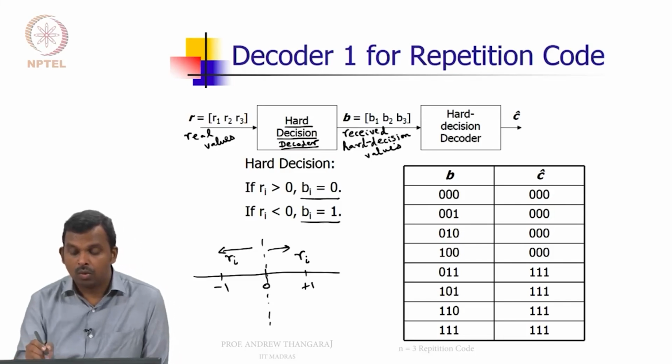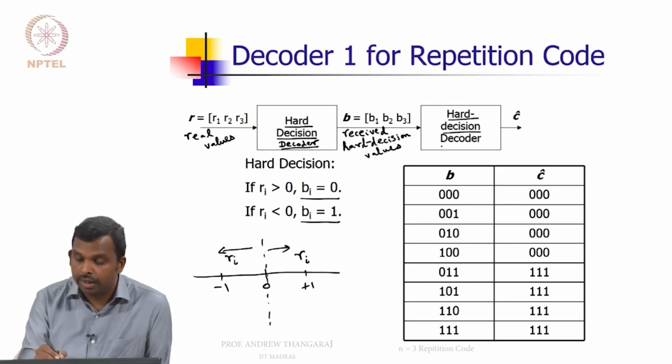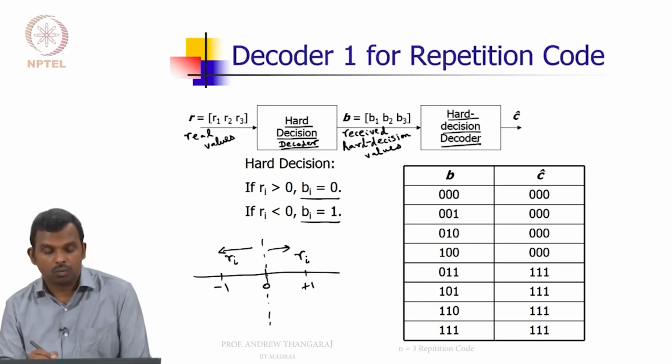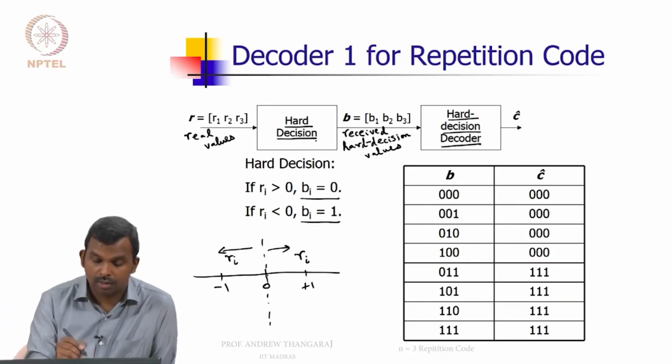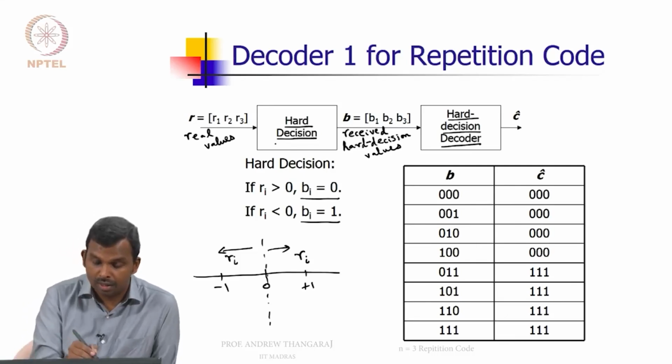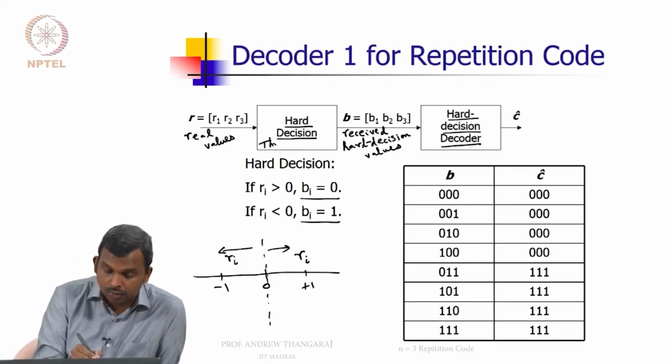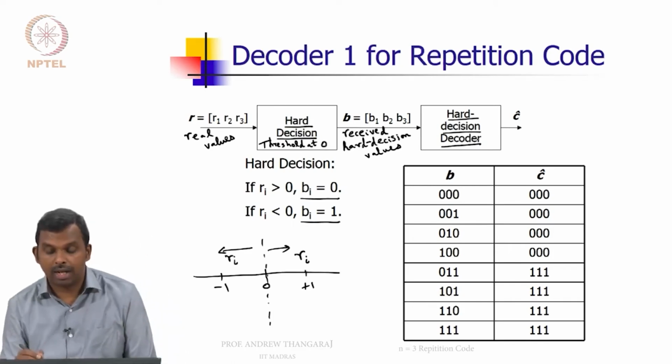Okay. So, now you do a hard decision here. I wrote decoder here, so maybe it is not a good idea to call this a decoder. You make hard decisions here. So, this is threshold at 0. Okay. And then you run a hard decision decoder.